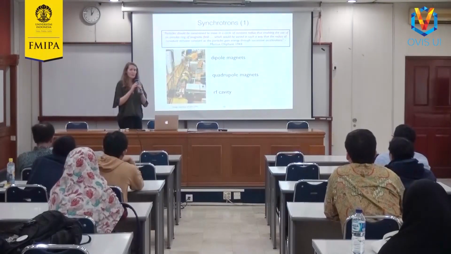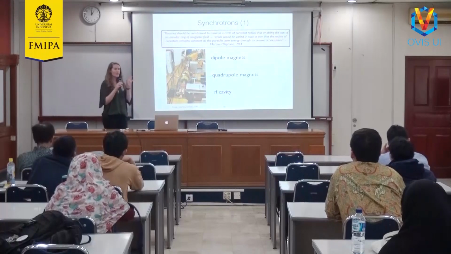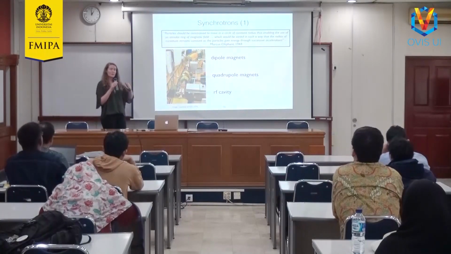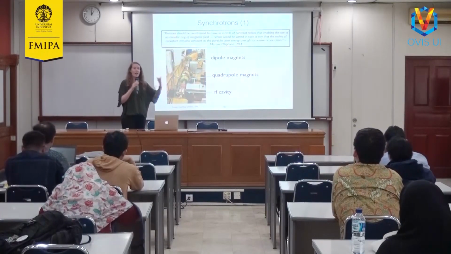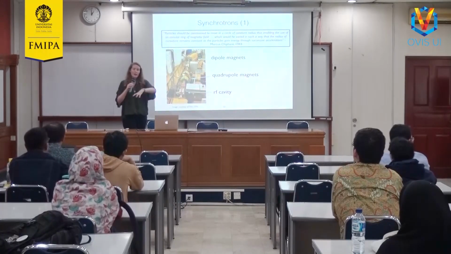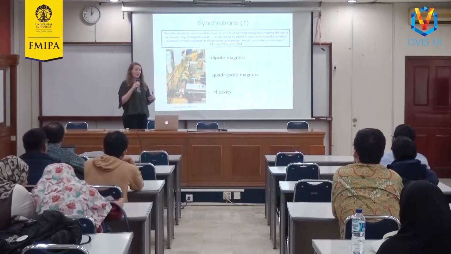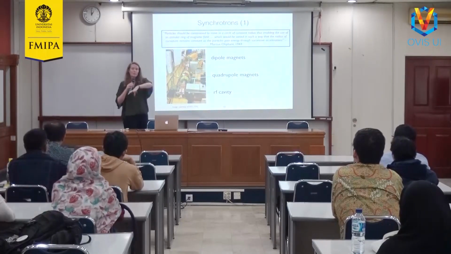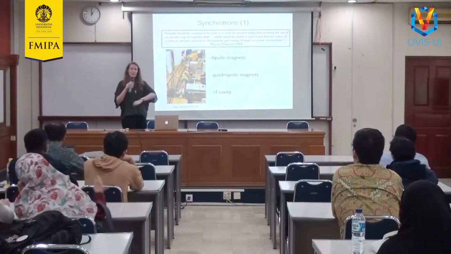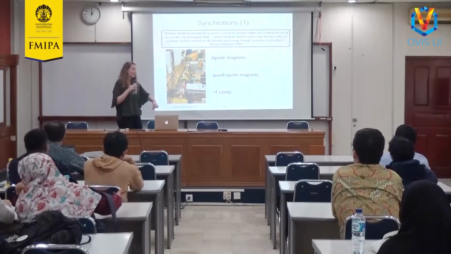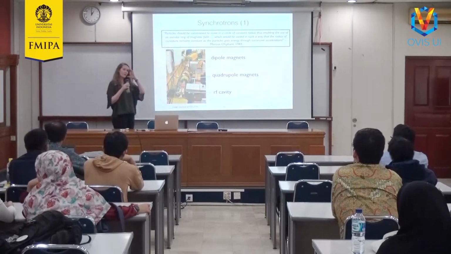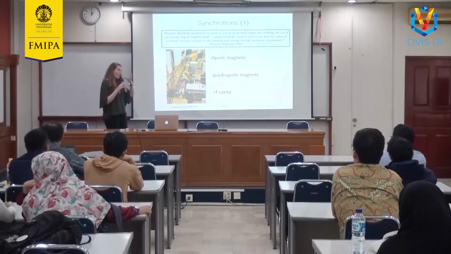Synchrotrons were invented in the 1940s, and the original idea was if you want to go to higher and higher energy, you can't have one enormous magnet like in a cyclotron. So instead they wanted to make a ring of magnets and keep the beam always on the same trajectory, always on the same path through those magnets. So that was a different way of thinking about how we accelerate particles.